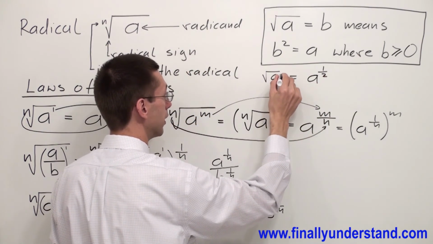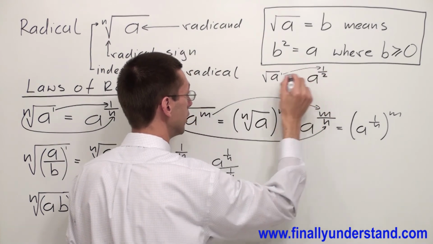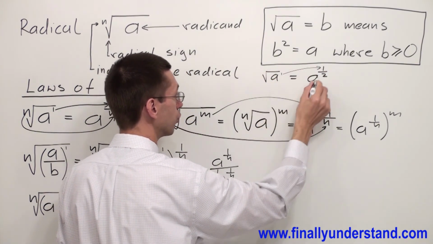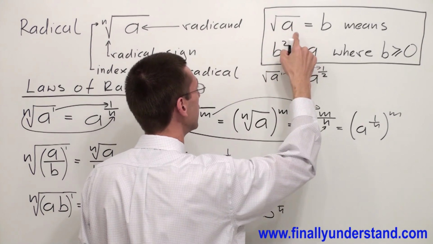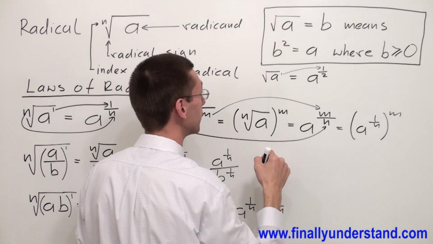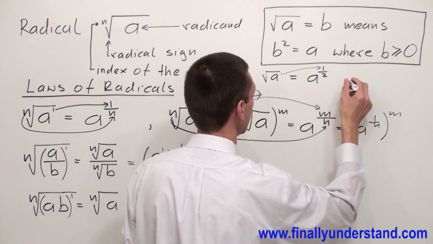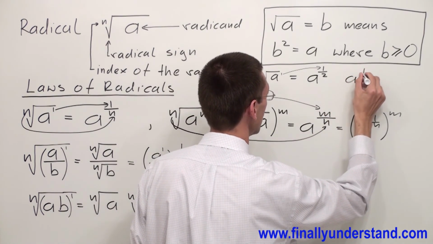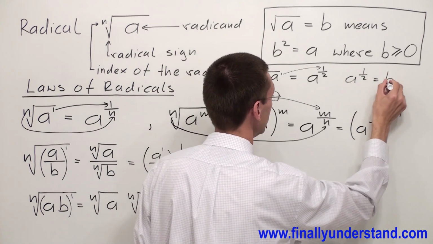Remember, the exponent of my radicand always goes to the numerator, the invisible 2 goes to the denominator. The definition says square root of a is equal to b, right? So let me just write this down and say a to the 1/2 is equal to b.